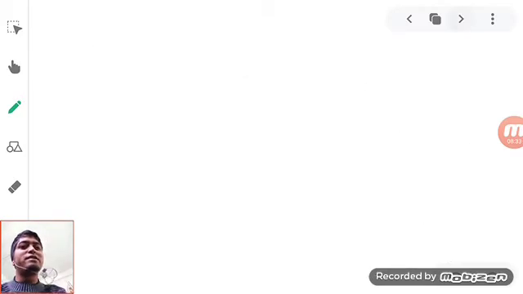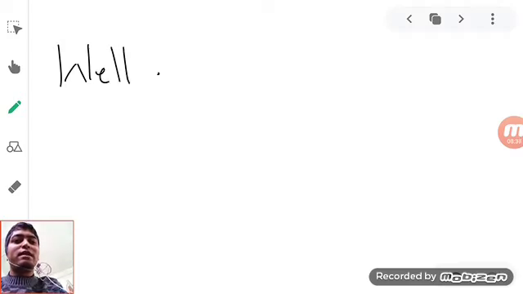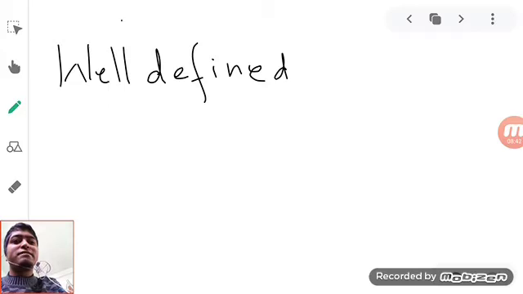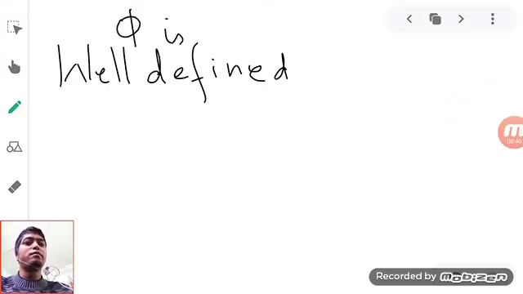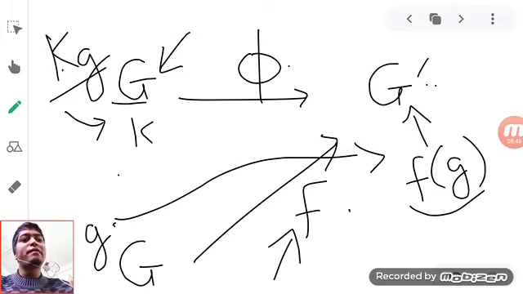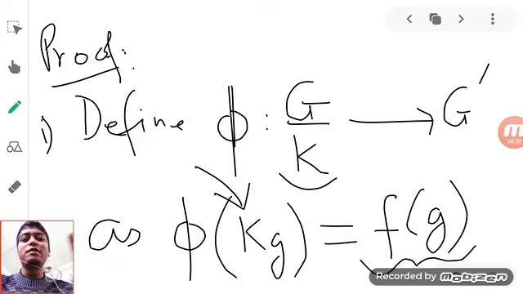When defining the function, first of all, you have to show that it is well defined. Phi is well defined. We have to show it. What do you mean by phi is well defined? It means like this, because phi has to be a function. Even though we are writing like this, it doesn't mean that it is a function, but we still need that evidence.